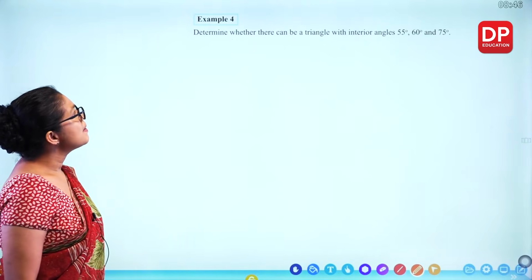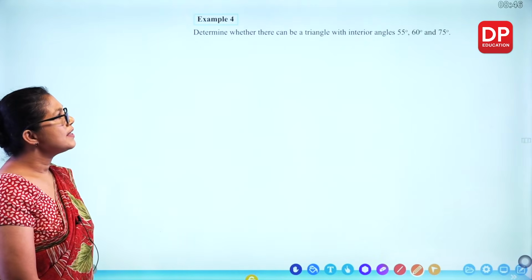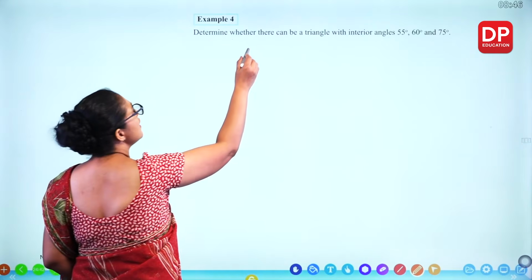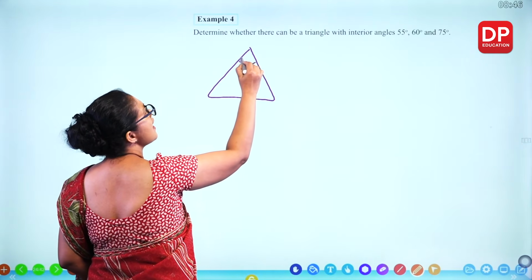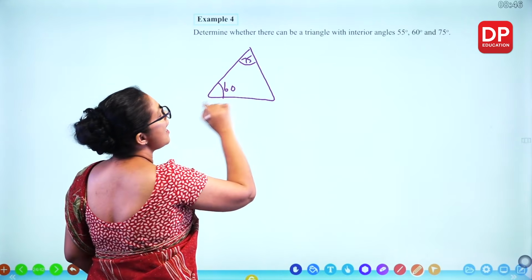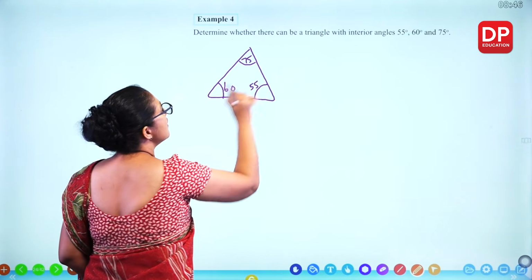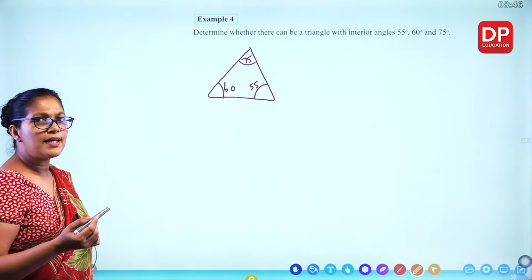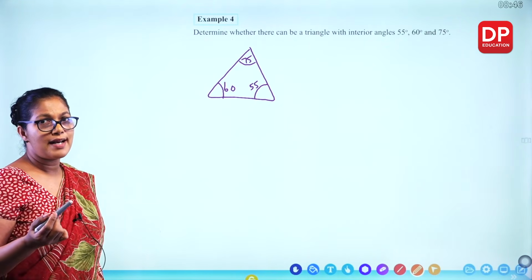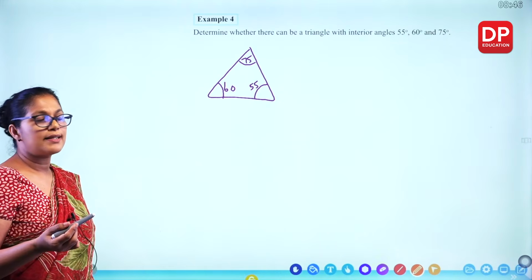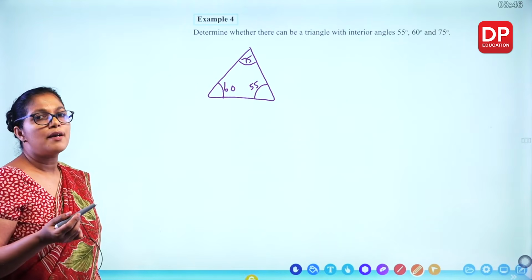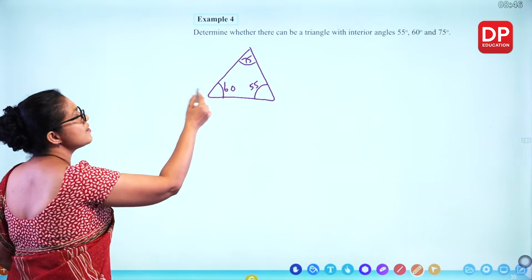It says determine whether there can be a triangle with interior angles 55, 60, 75. So here in a triangle, these three angles are given: 75, 60 and 55. So we'll add and see whether it's equal to 180. If it's equal to 180, that means there's a triangle with these angles. If it's not, we can't make a triangle with these three angles.